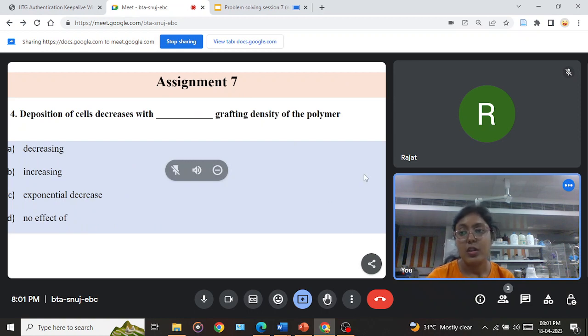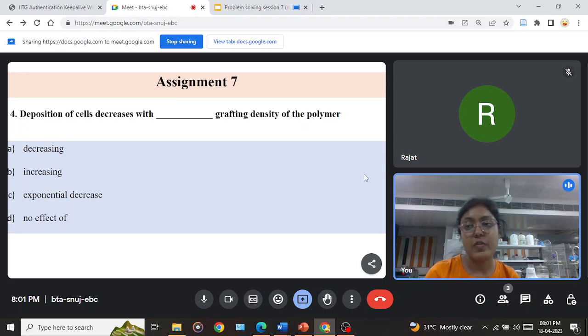So question number 4: deposition of cells decreases with dash grafting density of the polymer. So you have to fill up the blank here. Options are A, decreasing, B, increasing, C, exponential decrease, and D, no effect of.